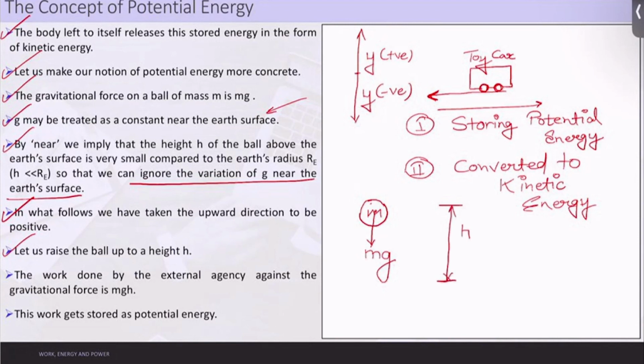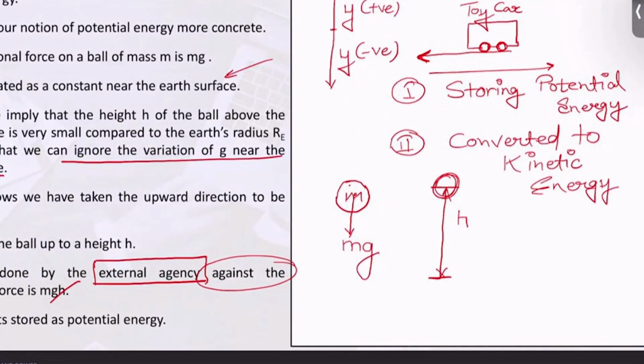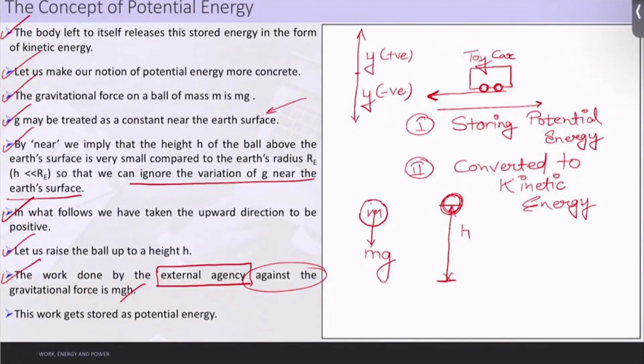Now the work done by the external agency. Look at this line very carefully: the work done by the external agency against the gravitational force is mgh. What is basically happening? The ball is being kept at this location. There is some force acting here, which is trying to pull it down.